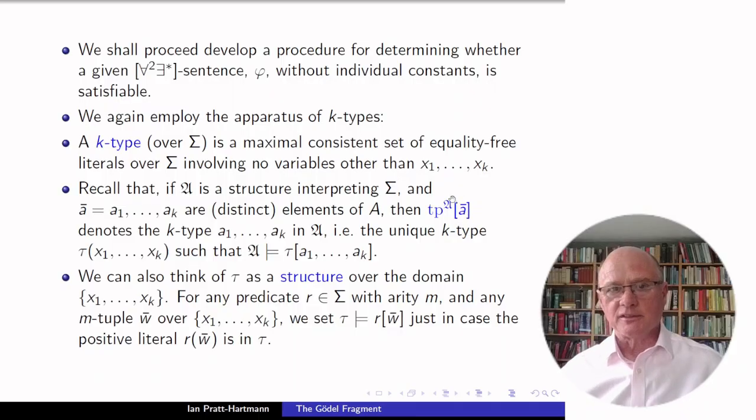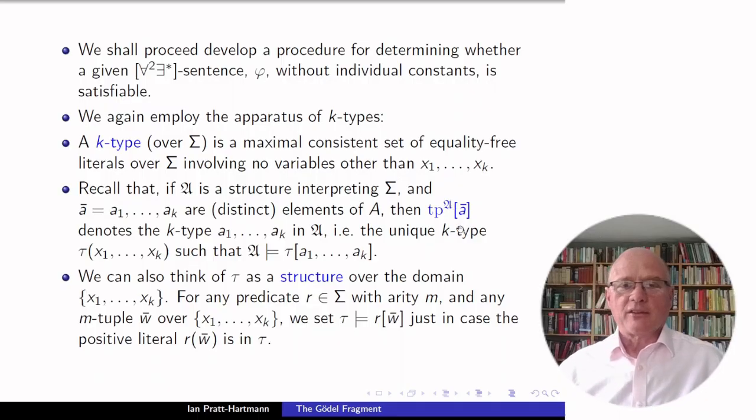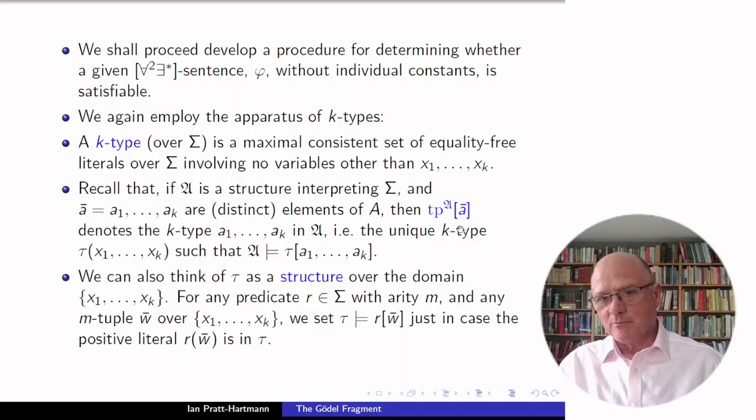So that just means the unique type satisfied by the k-tuple A bar in the structure fractor A. So we can think of a type as a description of a possible k-tuple in a structure.